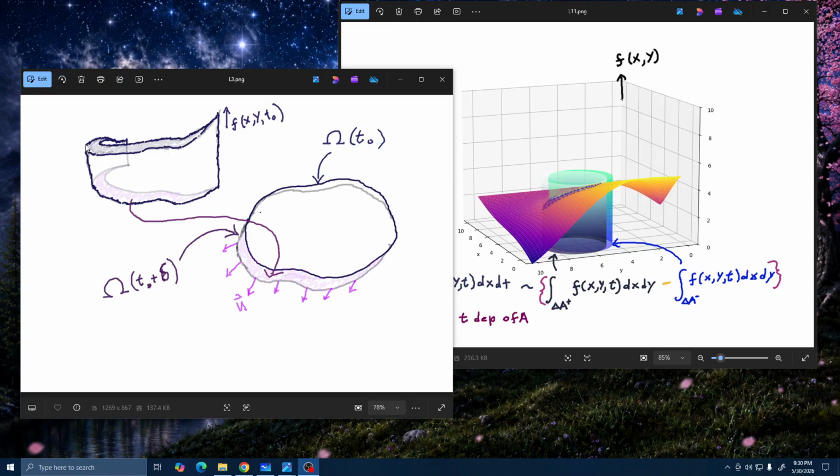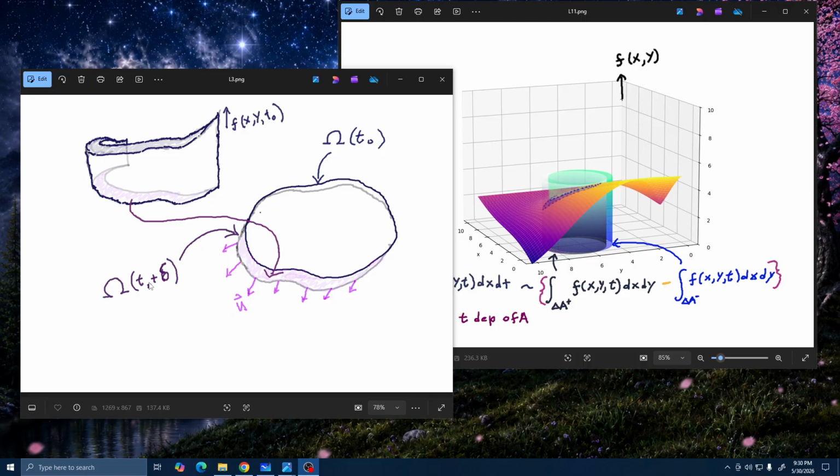The function at the top of this is going to be considered flat across the line, but it's not flat in the sense of the entire distance. As it goes along the curve, the function value is going to change. But as it goes across the curve, in the direction of velocity, it's going to be considered flat.